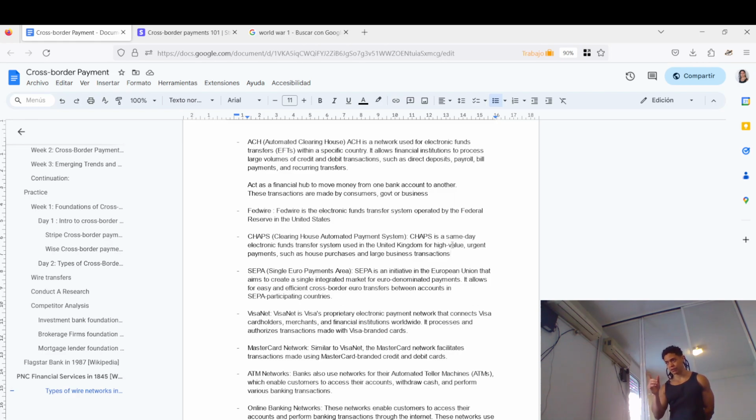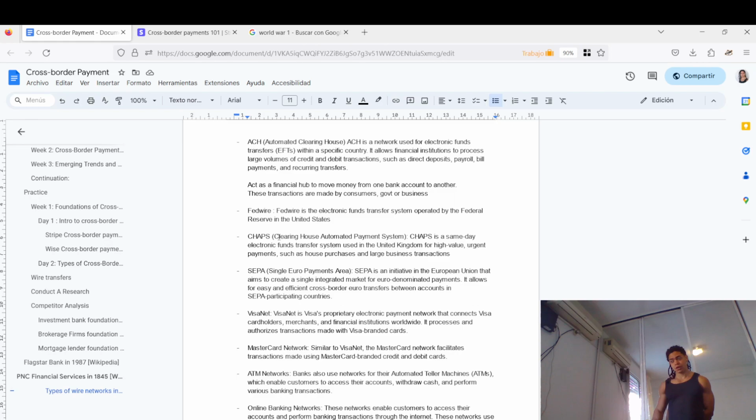But in any case, CHAPS, the Clearing House Automated Payment System, is a same-day electronic fund transfer system. With ACH, it can take 2 or 3 business days.